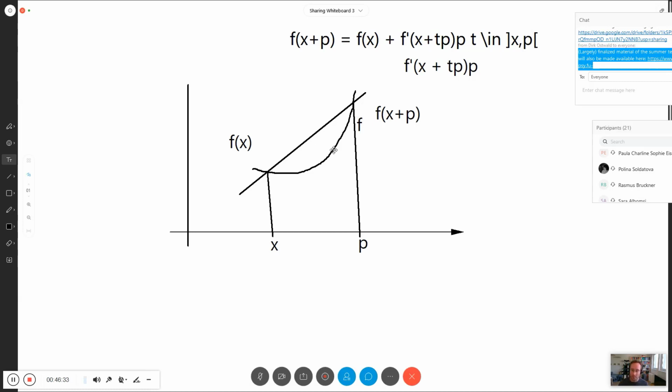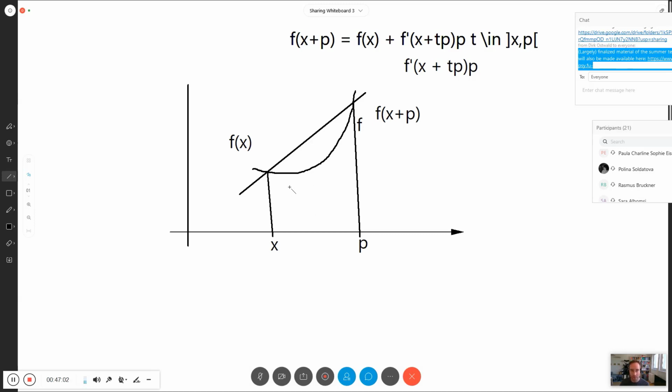So what this wants to say is that at one point between x and p, the derivative of f takes on the value that corresponds to this slope. So you can find a t such that this holds. You don't know where this t is, but you can always find a t like this.